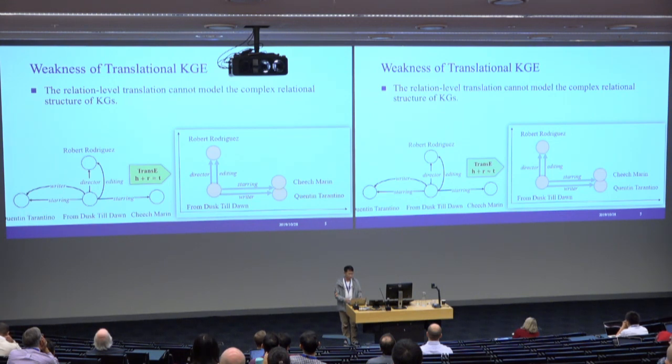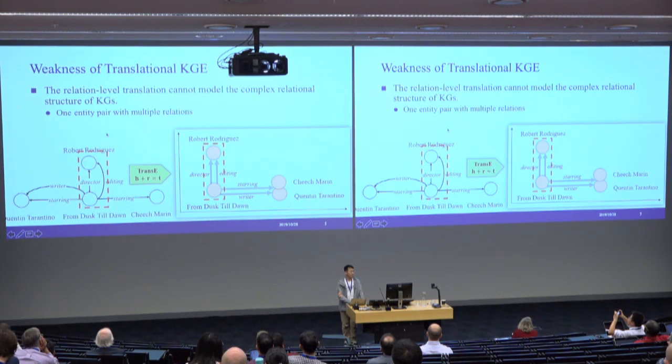These translational models use translation vectors as relations. These models cannot model the complex relation structure of KGs. Here we consider an example in a small knowledge graph. When one entity pair has multiple relations, for example, this entity pair has two relations, director and editing, TransE will use similar relation embeddings for these two relations.